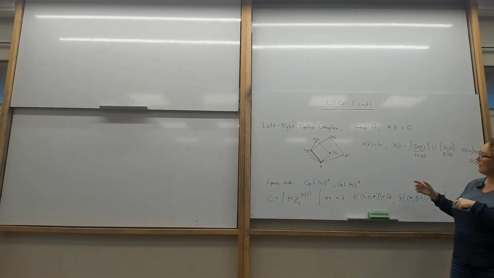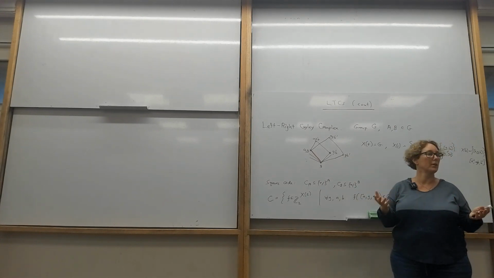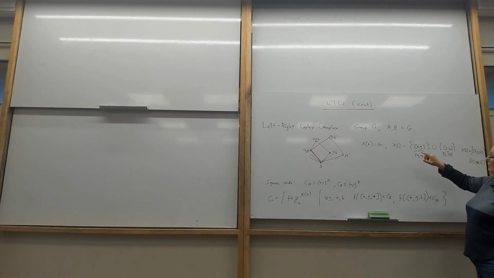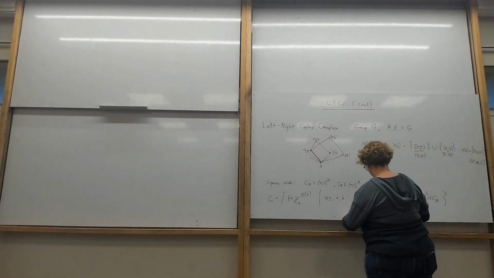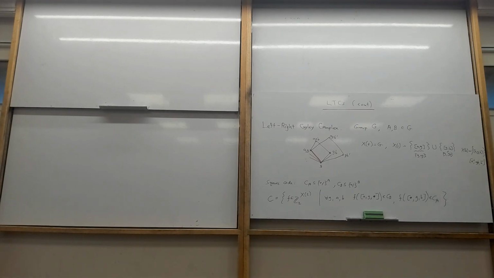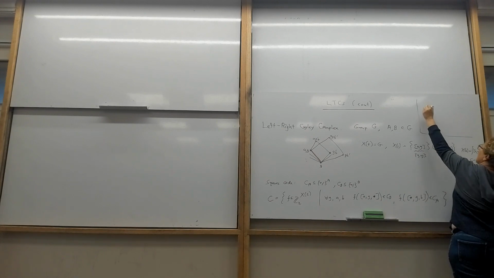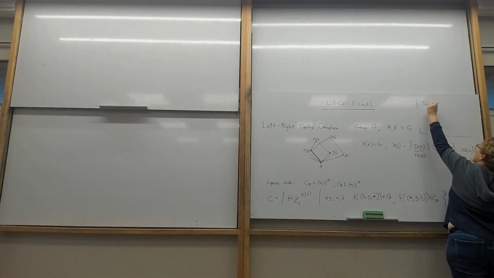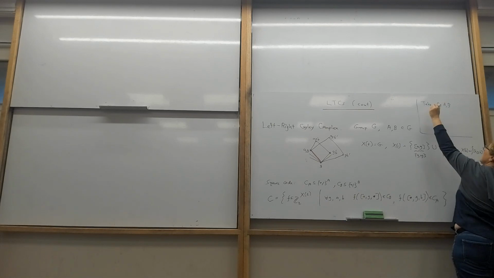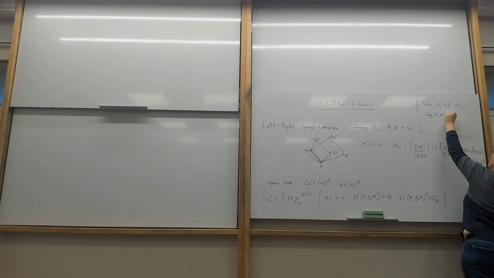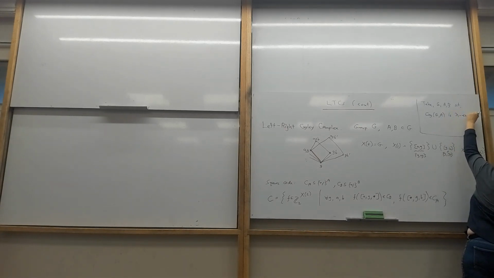One is that the graph here, just vertices and edges, is a good expander, which follows if you take a group G and generators A and B such that the Cayley graph of G with A is a lambda expander, and also the Cayley graph of G with B is also a lambda expander.